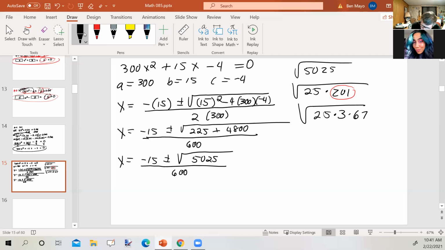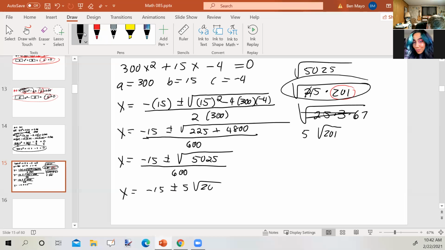So basically, let's go back up here. That would become 5 square roots of 201, okay? That's as much as I can simplify it. So now I get x equals negative 15 plus or minus 5 square roots of 201 all over 600.